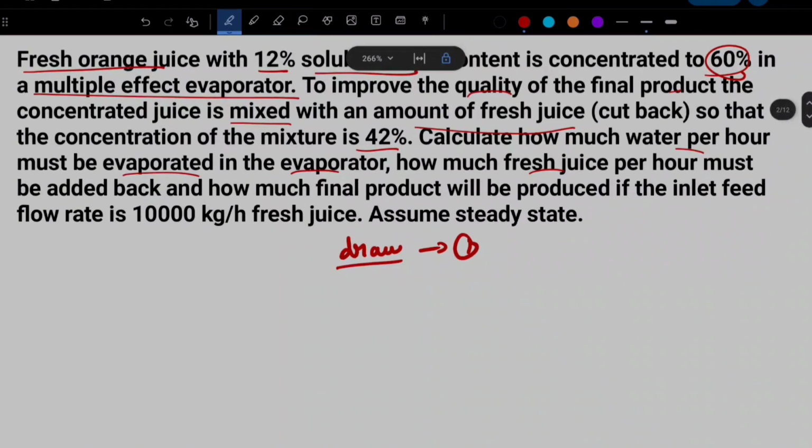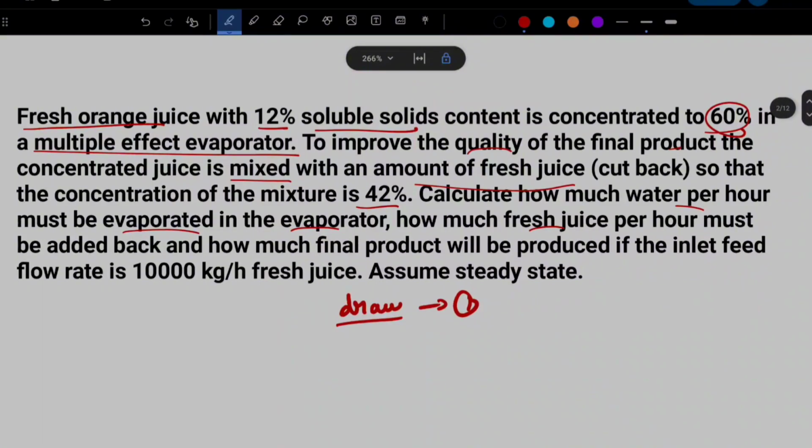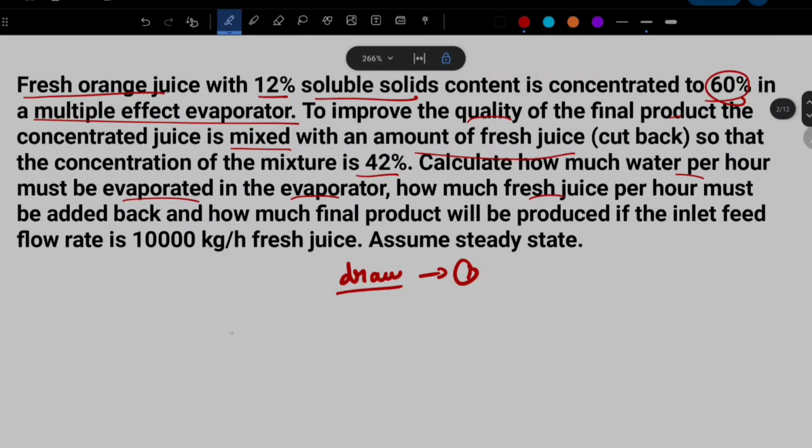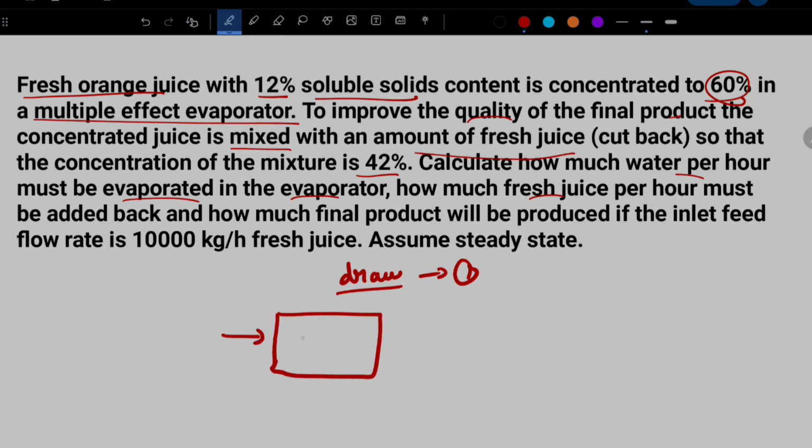So what happens is I'm actually evaporating the juice. That's the question. And what juice? It's an orange juice. When I have to draw a system, the system is actually the evaporator.